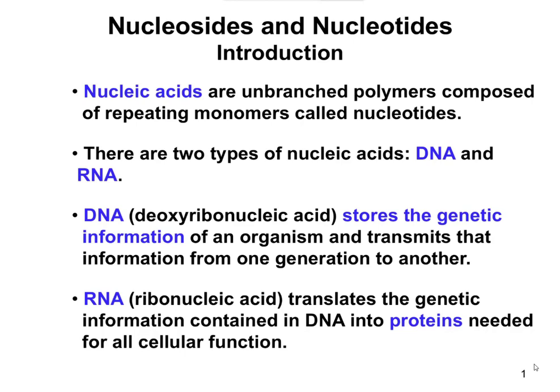RNA, or ribonucleic acid, takes that information that's in your DNA and translates it into proteins that can be used, like we talked about in the previous chapter, things like enzymes and all the other things that proteins can do. So RNA helps do that translation. There's actually different types of RNA, and most of them are involved in that translation of DNA into proteins in some shape or form.